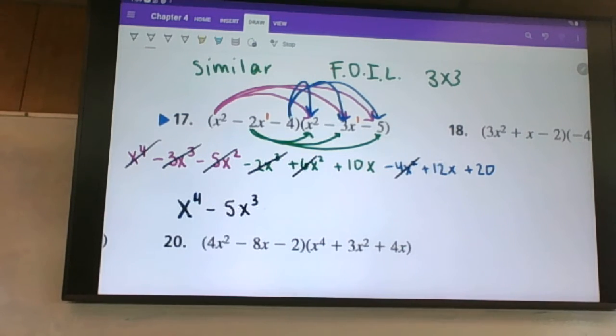Three x squared to combine. And there's the product. A lot of issues. And tomorrow we're going to divide.